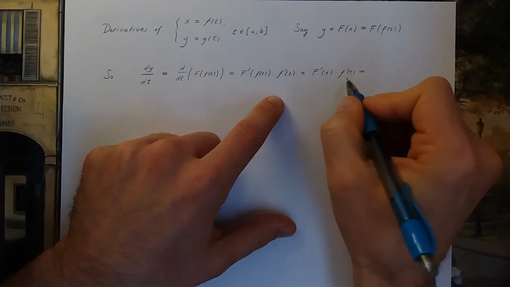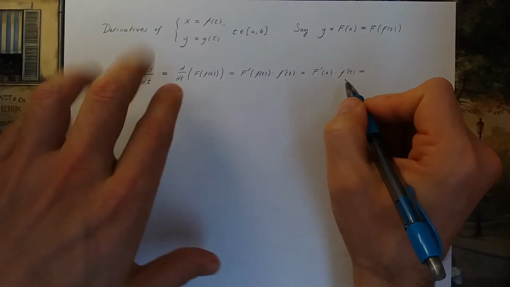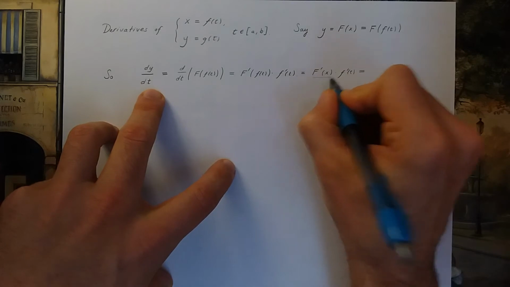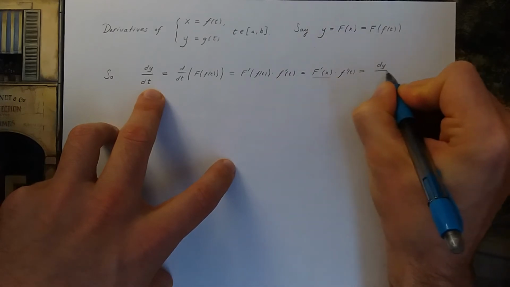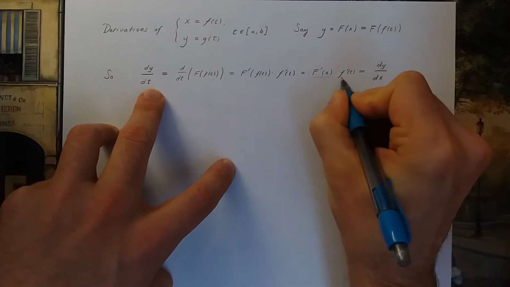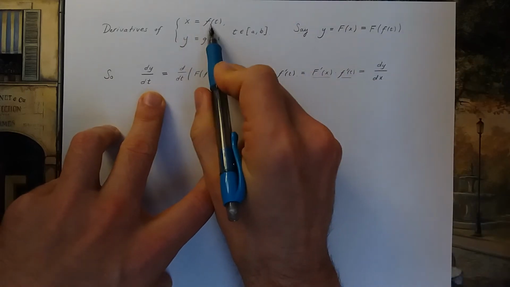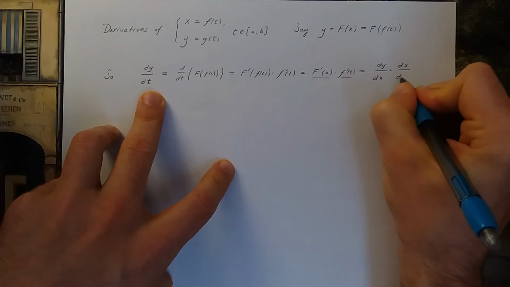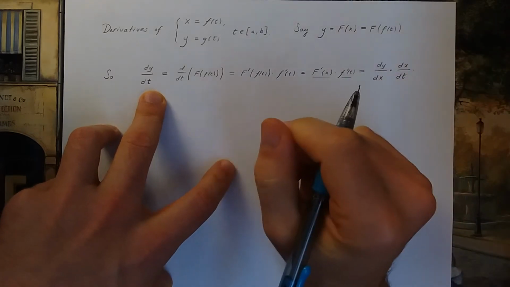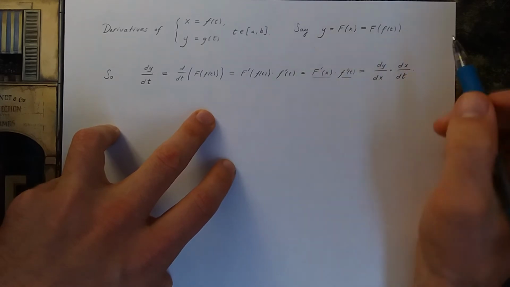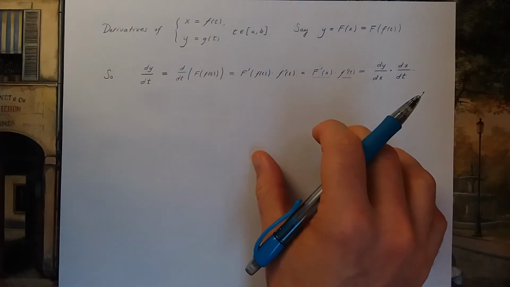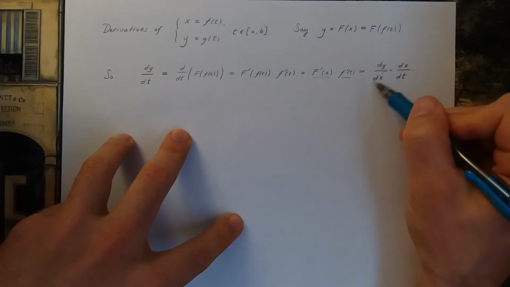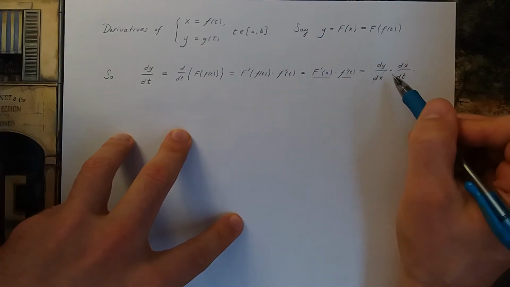Using the fractional notation for the derivative, this is dy dx, and this is dx dt. Now, derivatives are not fractions. They're derivatives. But sometimes they behave like fractions, and this is one of those times. It looks like you could cancel the dx's.